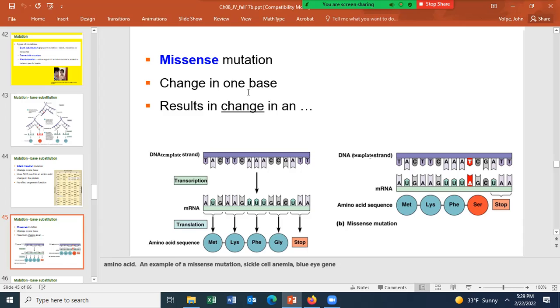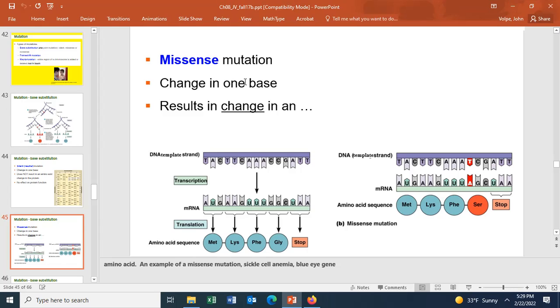Another example of a missense mutation that happened in the human population about 10,000 years ago was the brown eye gene was changed into the blue eye gene. And it's true, you need two of those genes to get the expression of the blue eye.